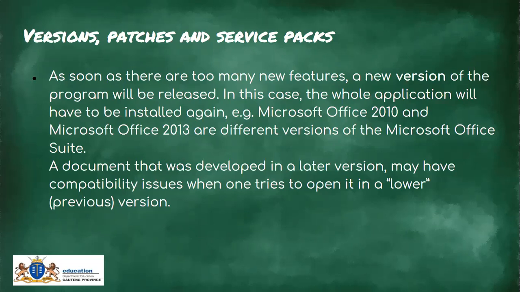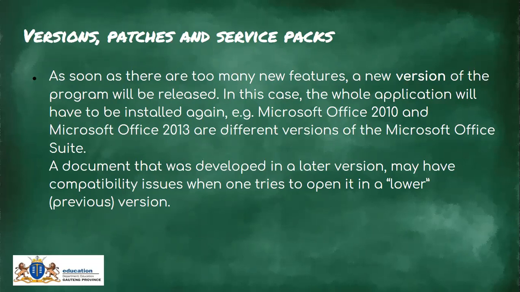So we've got new features now, so a new version of the program will be released. In this case, the whole application will have to be installed again, e.g. Microsoft Office 2010 and a different version of Microsoft Office. So the more new features we add on the program, guys, that becomes a new version of that Office suite, you understand?